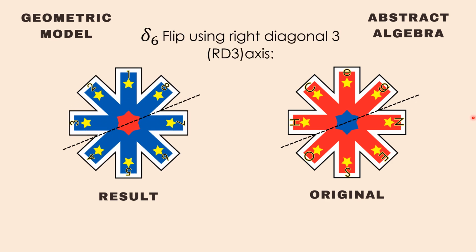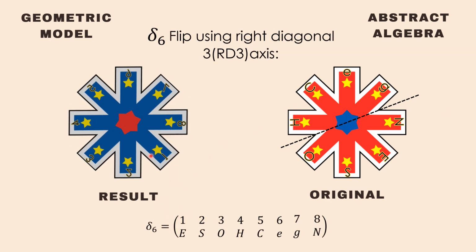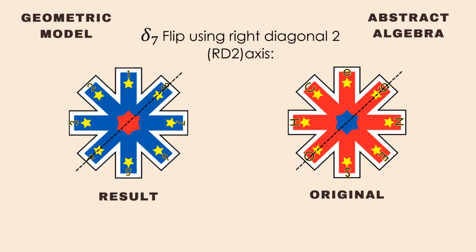Next, we have delta sub 6, flip using right diagonal 3. 1E, 2S, 3O, 4H, 5C, 6E, 7G, 8N. Next, we have delta sub 7, flip using right diagonal 2.